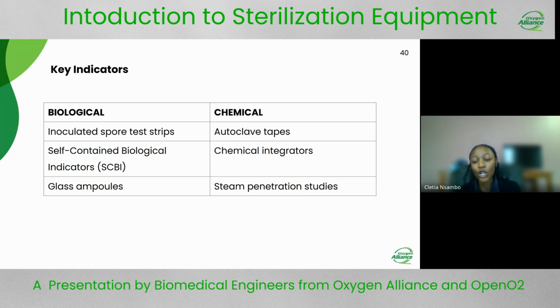For the biological indicators, you are using microorganisms. I remember my colleague mentioned spores, that these are more resistant to radiation or heat radiation. For the biological process, you use microorganisms that are resistant to that particular radiation process.